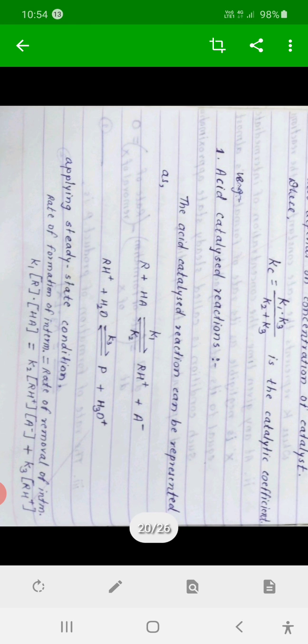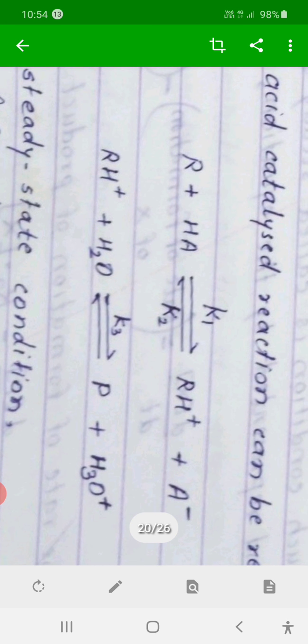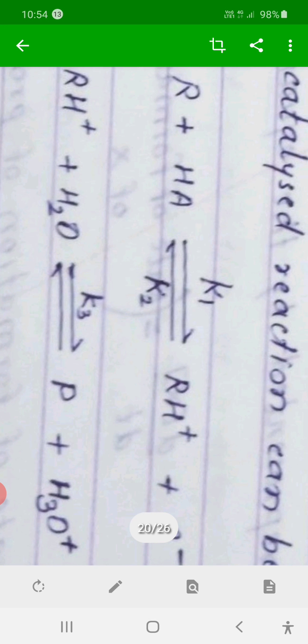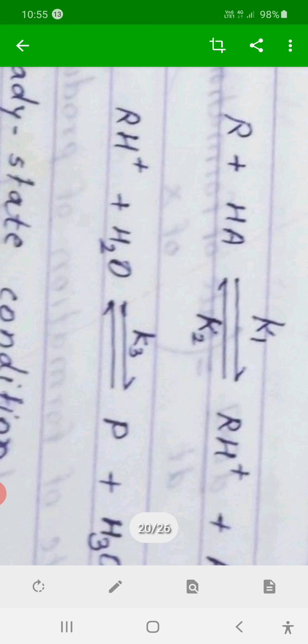In this case, if we consider this reaction, decomposition of RH, removal of RH, is in two ways. Here in case 1, RH is again converted into reactant R plus HA, and in the second way RH reacts with water and is converted into P.